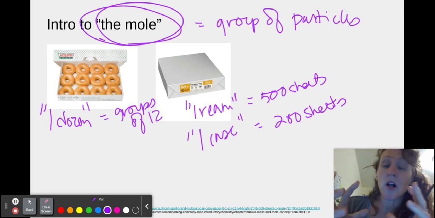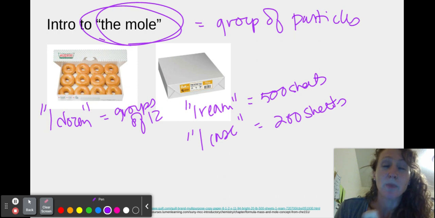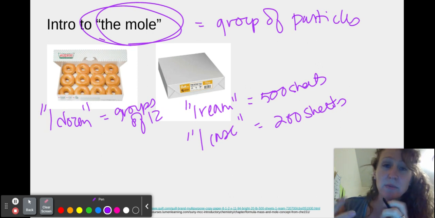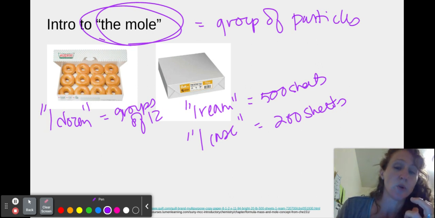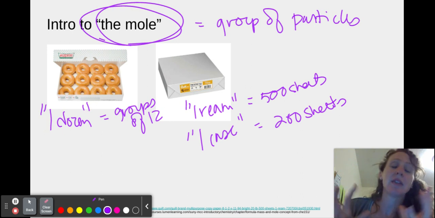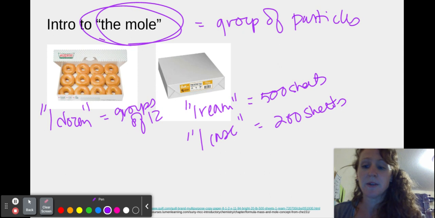And we count them all together because counting them individually is just too small. It's tough to count individual atoms or individual molecules or individual ions, right? And the numbers just get way too bulky. And so we count them in groups.